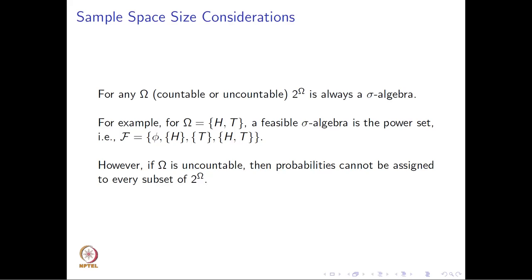This is where the concept of sigma algebra shows its use. When we have an experiment in which the sample space is uncountable, for example, let's say the sample space is the set of real numbers, we have to identify the events which are of importance to us and use these along with the three properties listed in the previous slide to construct a sigma algebra, and probabilities will then be assigned to the collection of sets in the sigma algebra.